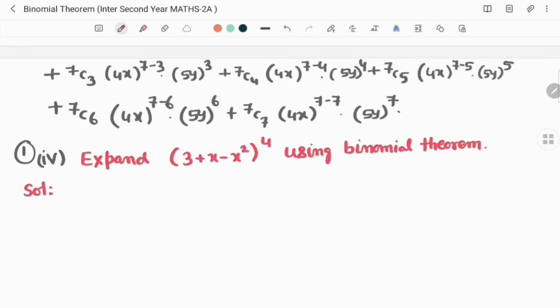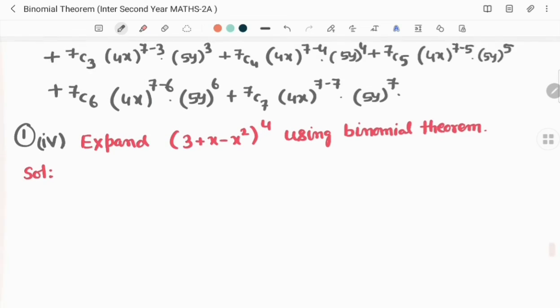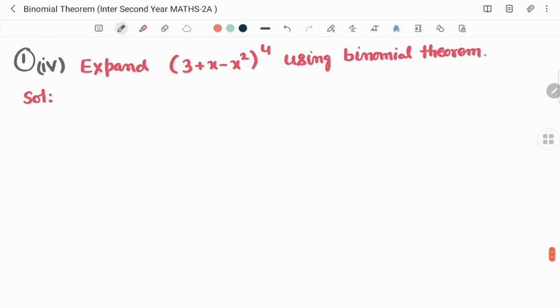So first, I am going to write it as a two-term binomial. The given expansion (3 + x - x^2)^4 can be written as (3 + x - x^2)^4.